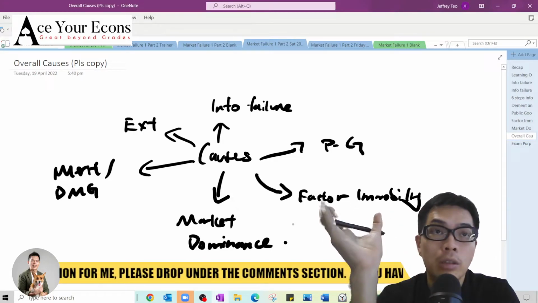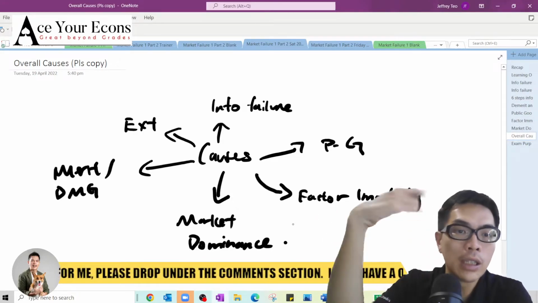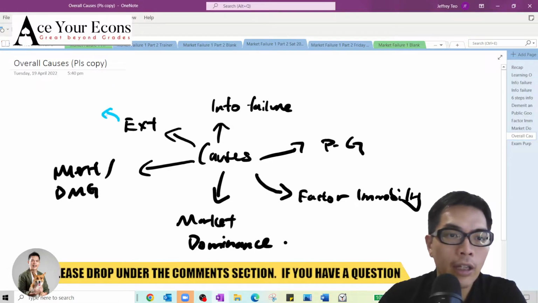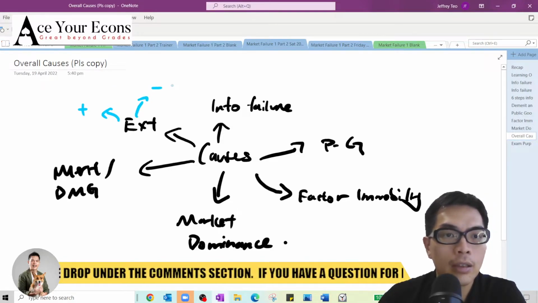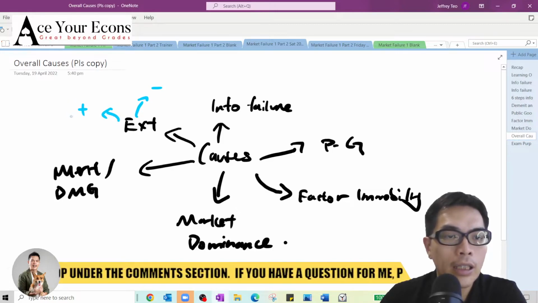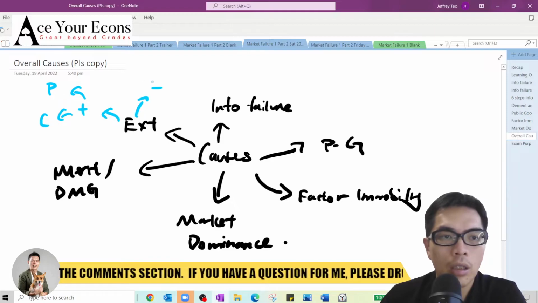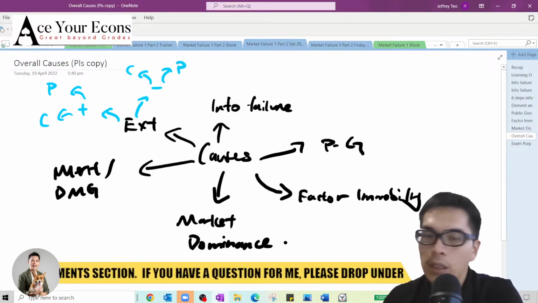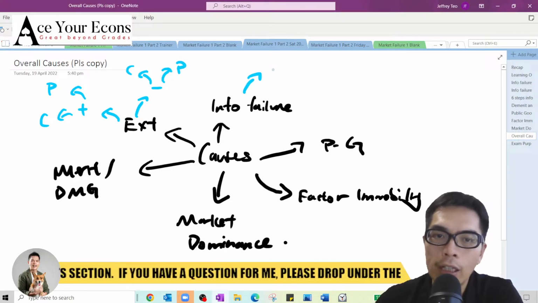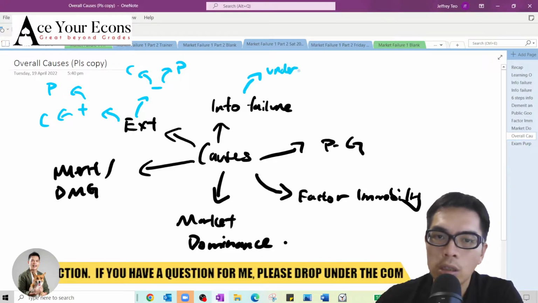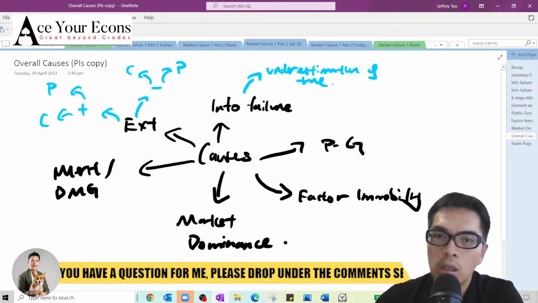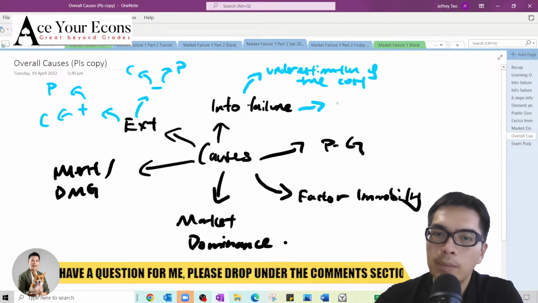Within this, you have to break it down. Externality, we have positive and negative, right? And within positive and negative, we have consumption and production. Negative, we also have consumption and production. Info failure, we have underestimation of true cost and underestimation of true benefit.